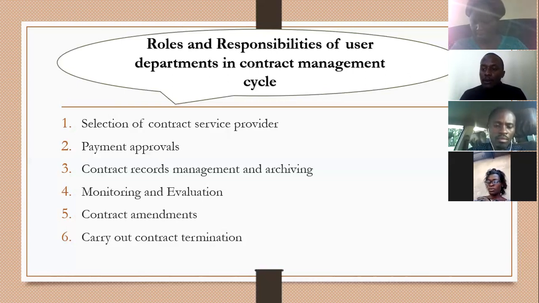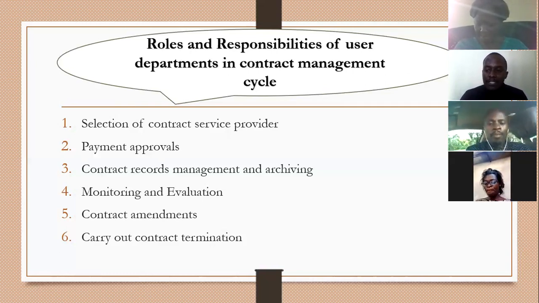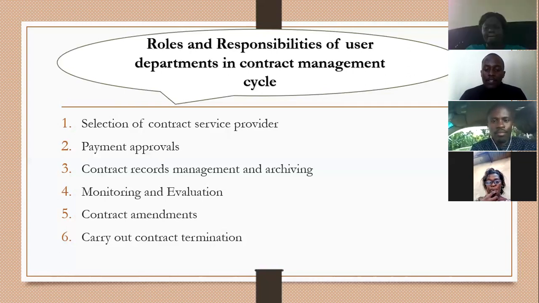For example, these invoices that they have used to pay the contractor, to pay for other services, all these are part of the documents that the user department members must keep. These documents may be referred to in future projects.